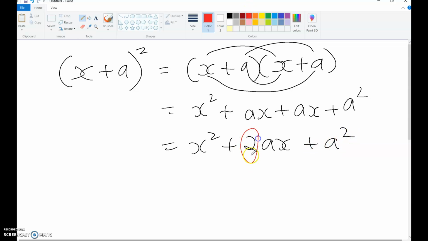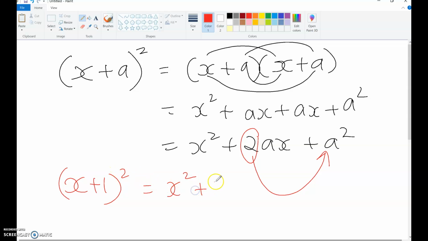That's why I can half it and square it. An example, x plus 1 squared equals x squared plus 2x plus 1.